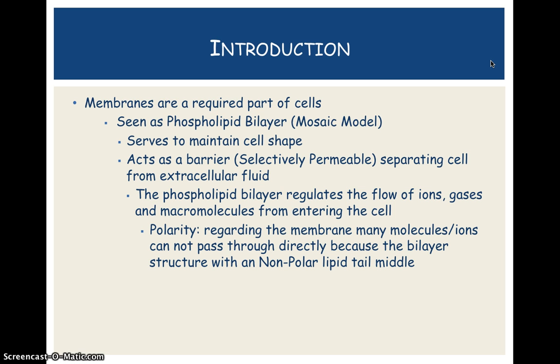And the membrane has a special property known as polarity, which restricts many molecules or ions from passing through directly, because in the bilayer there are parts known as the fatty acid tails, and those are nonpolar, which basically make the middle layer of the phospholipid bilayer.